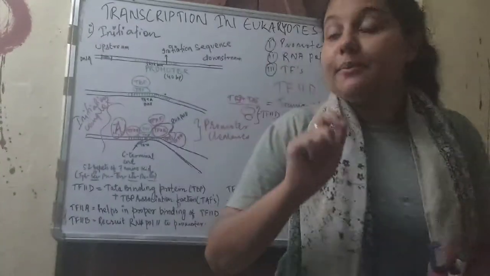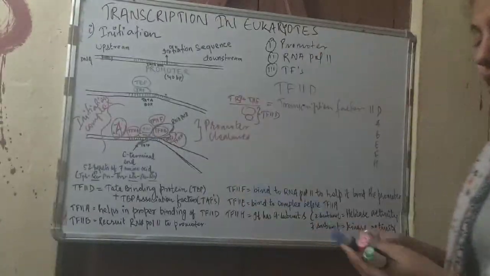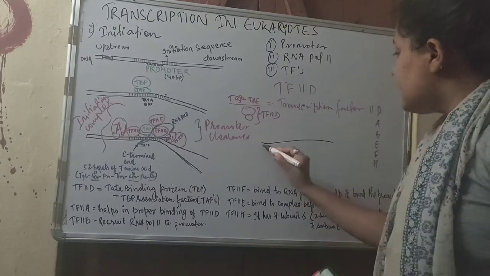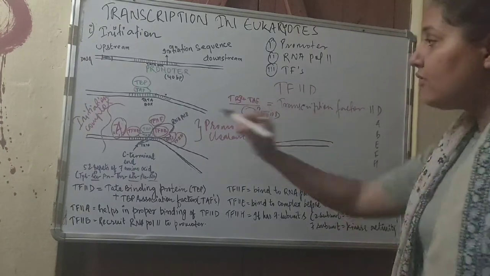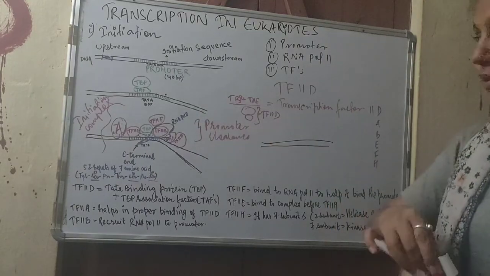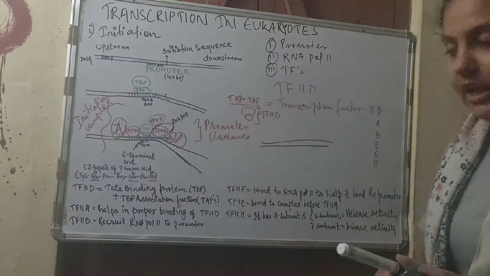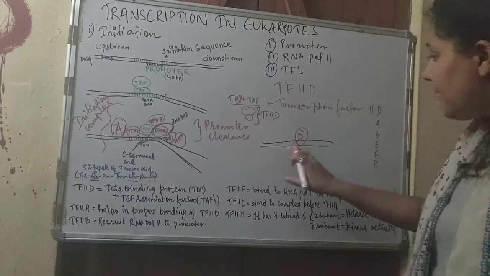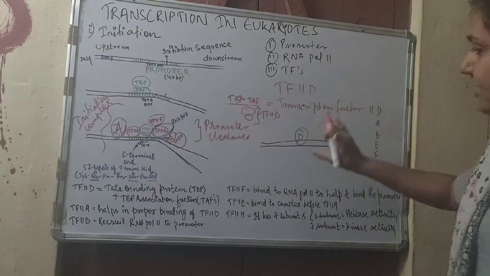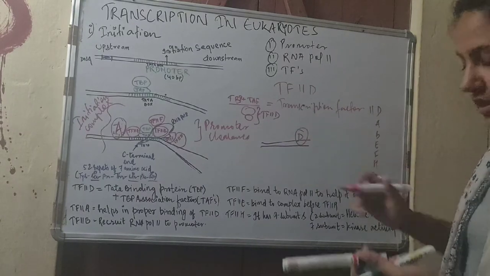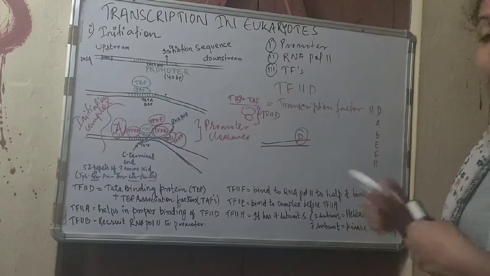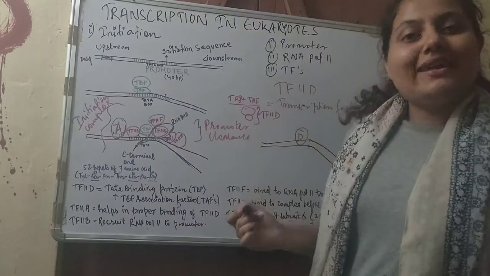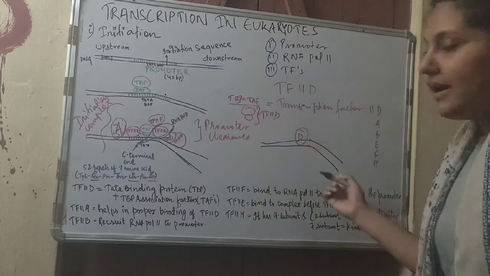After the TBP binds to the promoter region, for example, if this is my DNA sequence, before binding of TFIID, because these two make up D, now I am writing D here, before binding of D it was straight. As soon as D binds, there will be a slight tilt or bending.